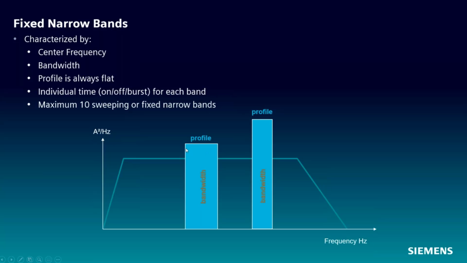This is more or less like a straight random test. You can define this in straight random and run it, but sine on random makes it much easier to do. Also you have the capability of turning these narrow bands on and off, which is not a capability in plain random vibration testing. And again, you can have up to 10 sweeping or fixed narrow bands.